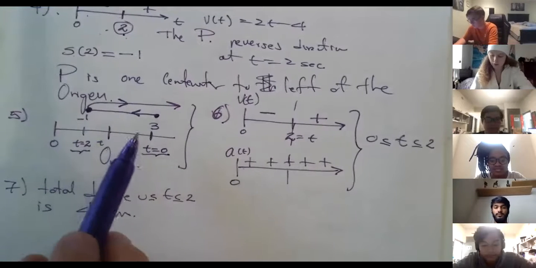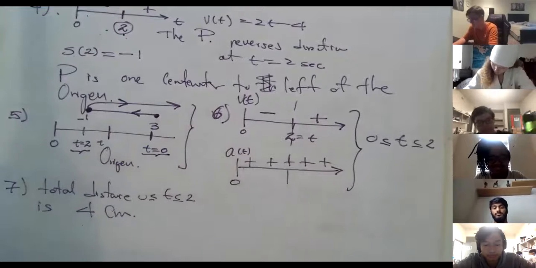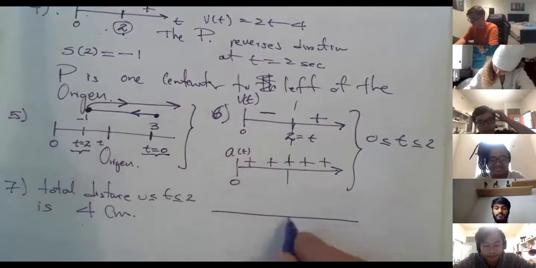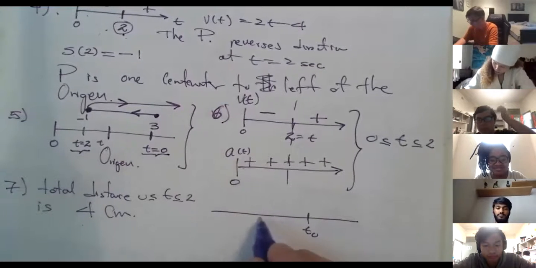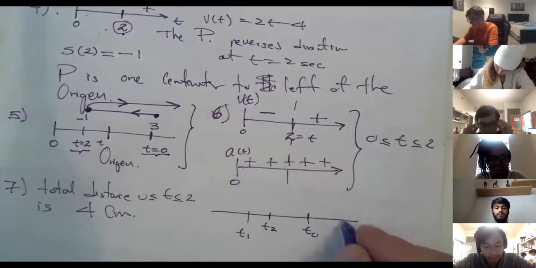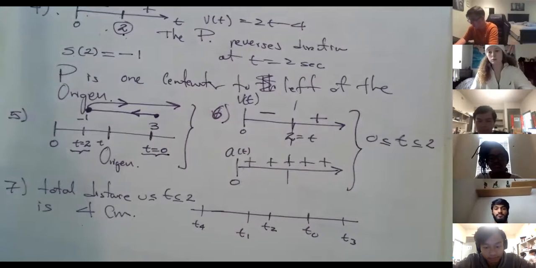This is very simple because it's just between 0 and 2. I'm gonna give you an idea for when you find a problem that might be a little bit more challenging. What happens if you have an object and it starts here at time 0, then is here at time 1, then is here at time 2, then is here at time 3, and then is here at time 4. How are we going to find the total distance?